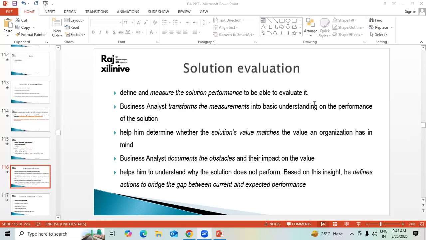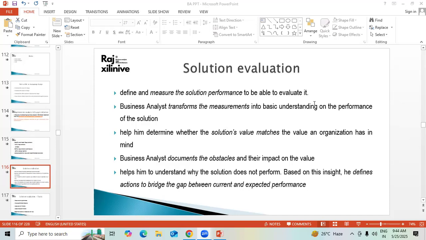Next, we need to look at the value element, right? The value to be matched has to be documented at the same time. The reason why we prepare solution documents is that's what we call business solution documents. I have already given those documents to you in the class itself, while you are learning this business analyst full stack.